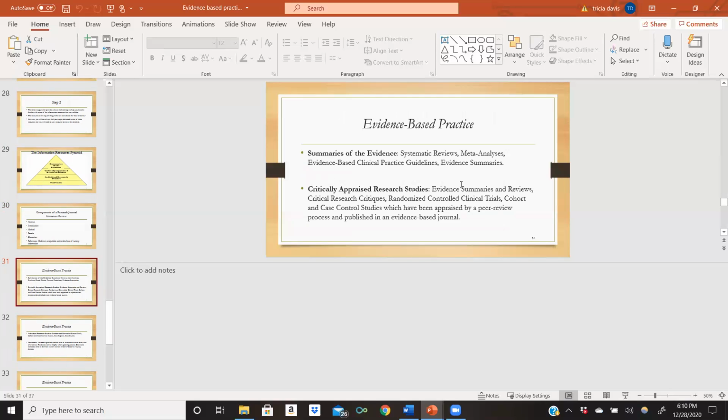So we have summaries of evidence, which are your systematic reviews, your meta-analyses, your evidence-based clinical practice guidelines, and your evidence summaries. You have your critically appraised research studies, which are evidence summaries and reviews, critical research critiques, randomized controlled clinical trials, cohort and case control studies, which have been appraised by a peer review process and published in an evidence-based journal.